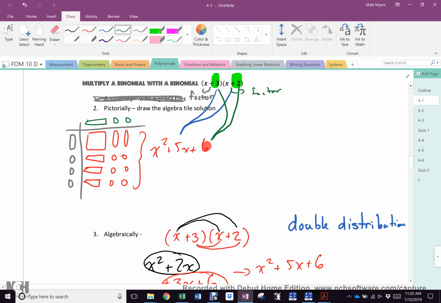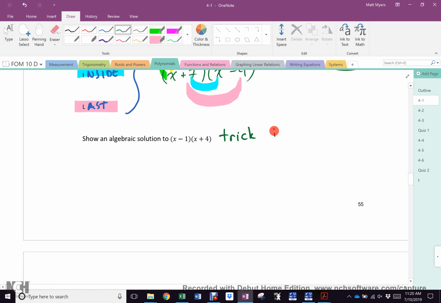And that will always work when you have this. The trick is x plus a times x plus b. The trick is it's always x squared and then a plus b with an x and then a times b by itself.